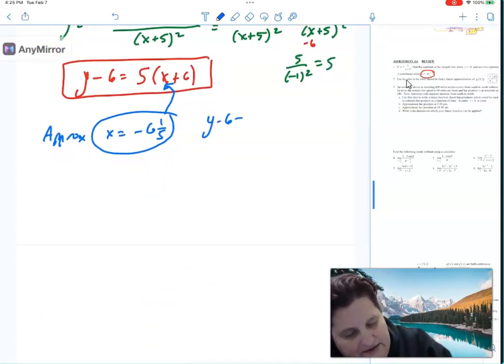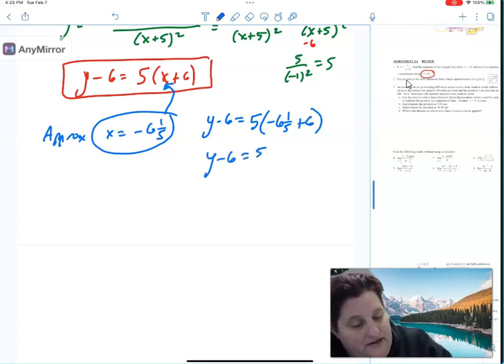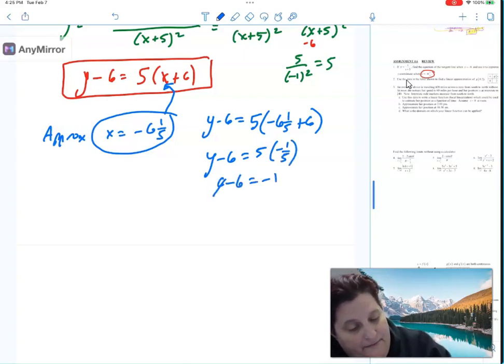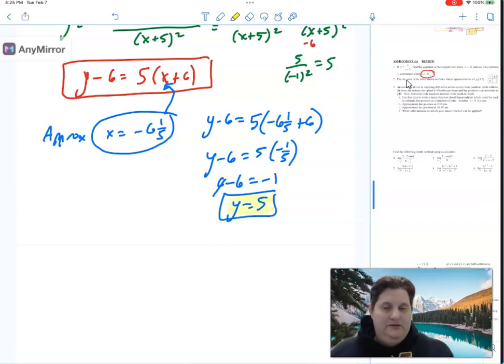So I get y minus 6 equals 5 times (negative 6 1/5 plus 6). Negative 6 1/5 plus 6 is negative 1/5. Times 5 is negative 1. And if I add the 6 over to both sides, y is 5. That's my approximation at negative 6 1/5.